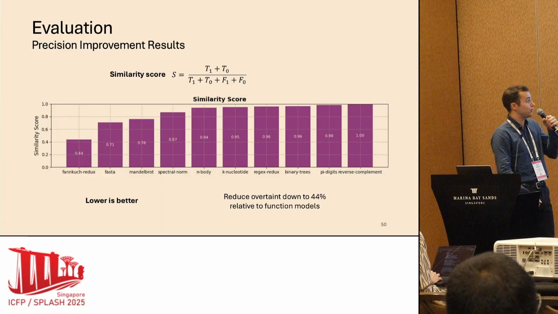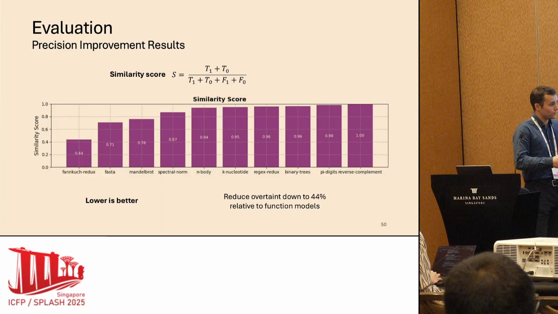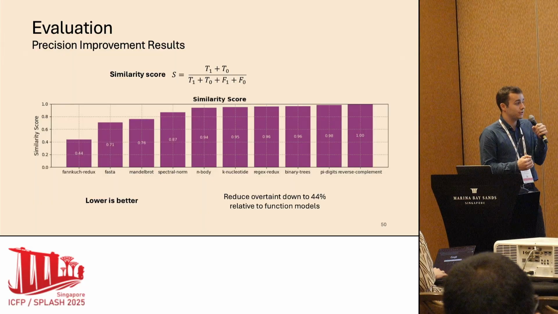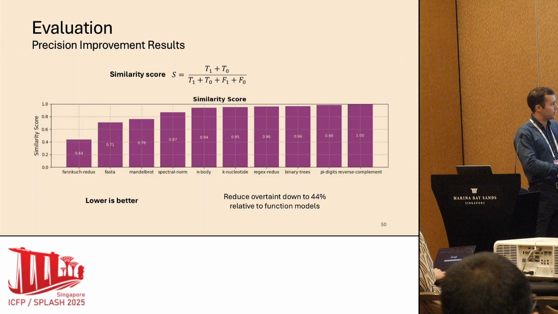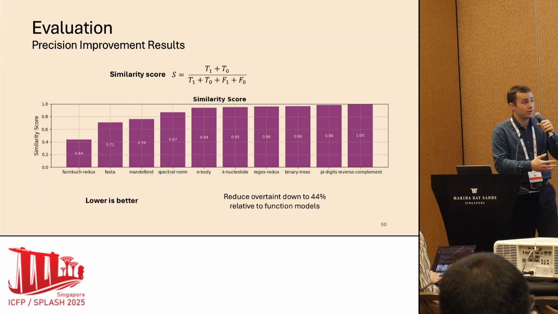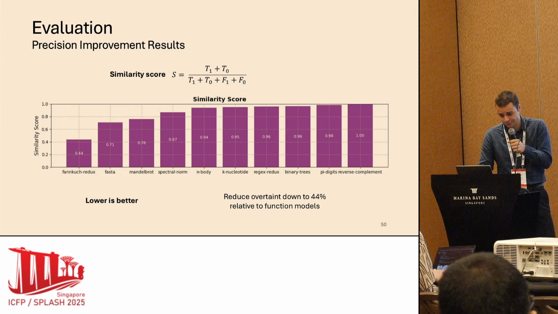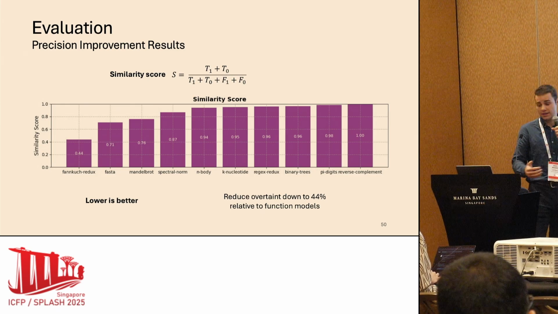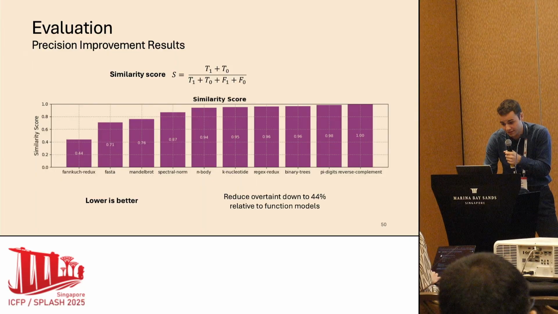So we could reduce the overtaint down to 44% in the best case for Vancouver Redux. However, depending on the semantics of the program, there is less and perhaps less gain in that reduction.